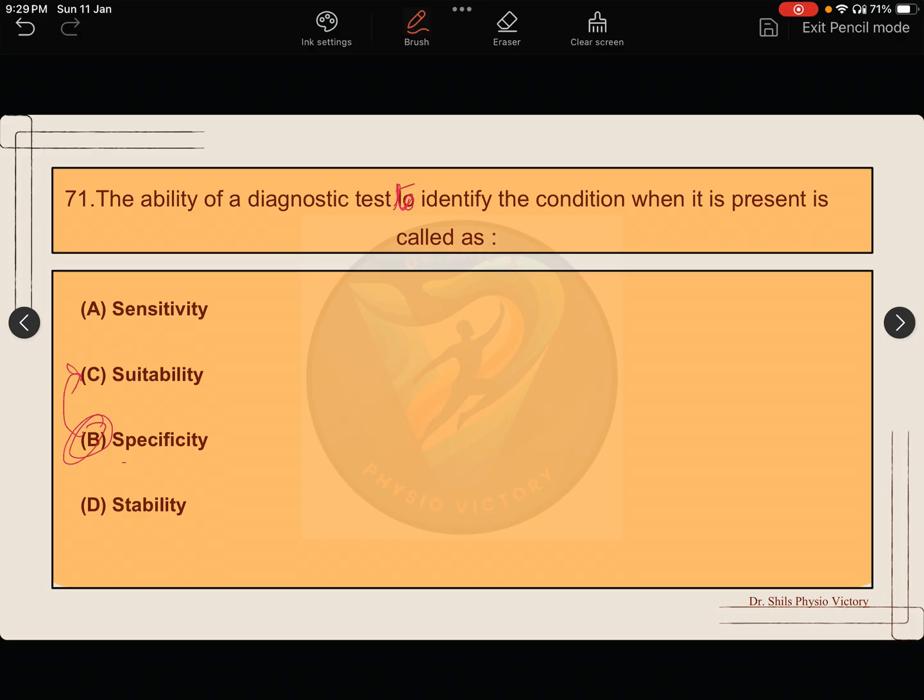So option B is specificity, option C is suitability, and option D is stability. Here the correct answer is option A, sensitivity.